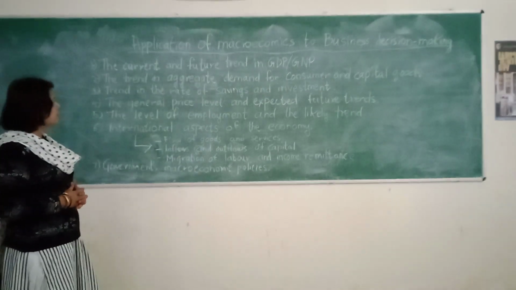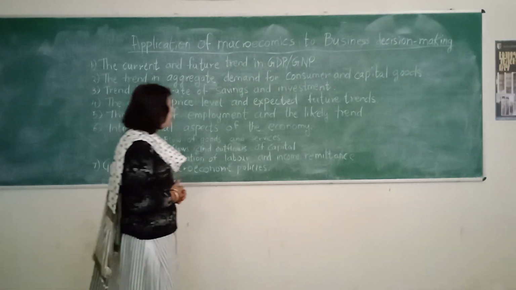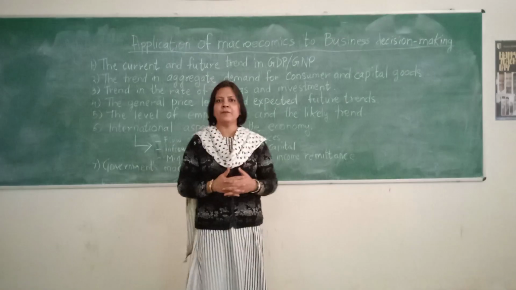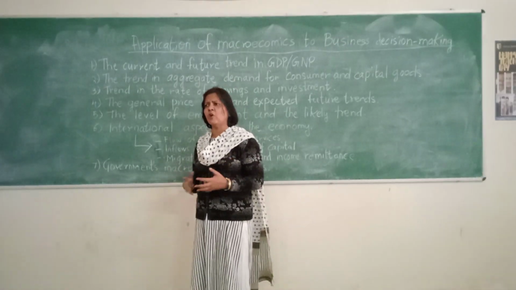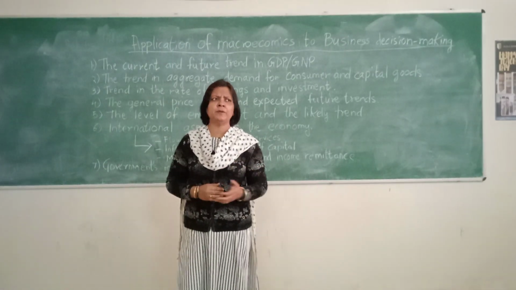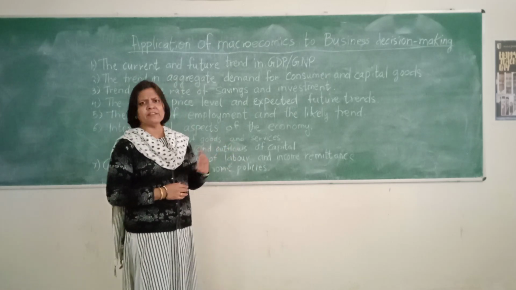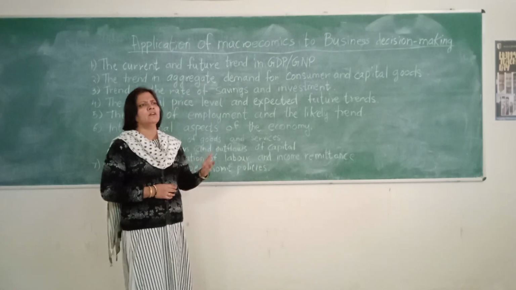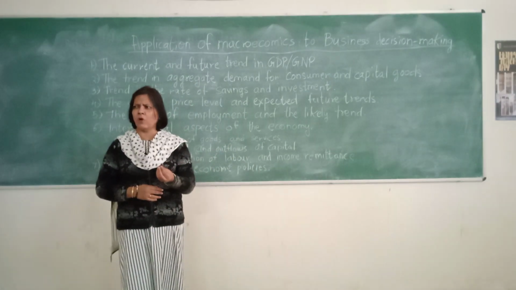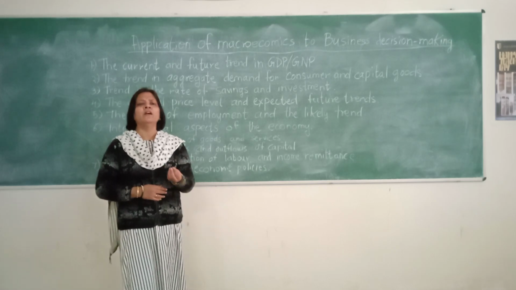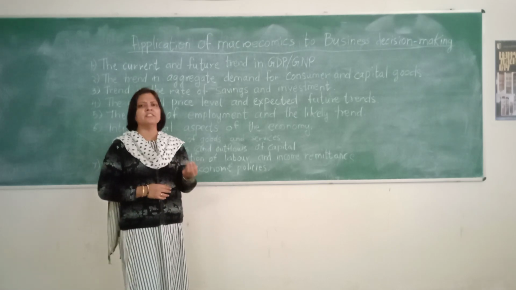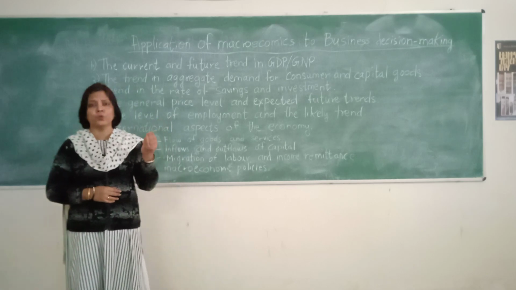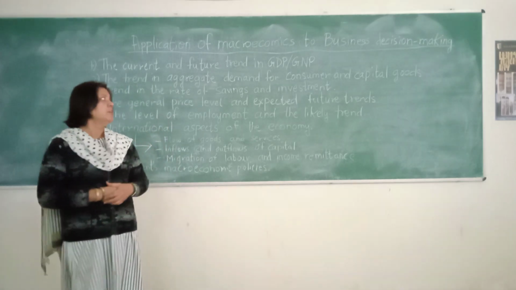The general price level and expected future trends in the price level. We will see this, it always comes in newspapers that the price levels have risen, or ordinary articles, day-to-day necessities like onions and tomatoes, their prices seasonally shoot up.